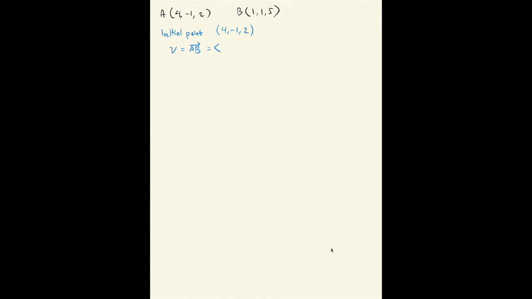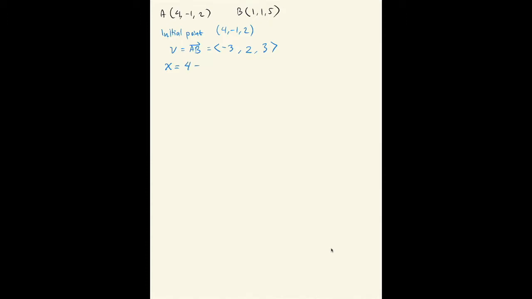So you can minus 4, 1 minus minus 1, 5 minus 2. So it will be 1 minus 4 is minus 3, 2, 5 minus 2 is 3. And then for your parametric equations, from the initial point, you need to add the direction vector multiplied by t.